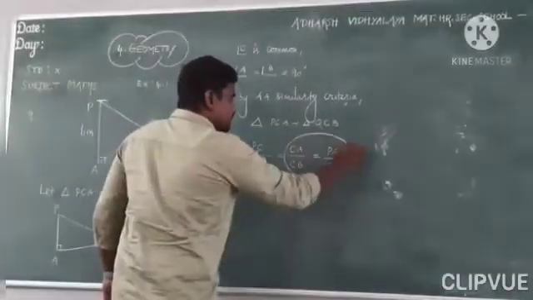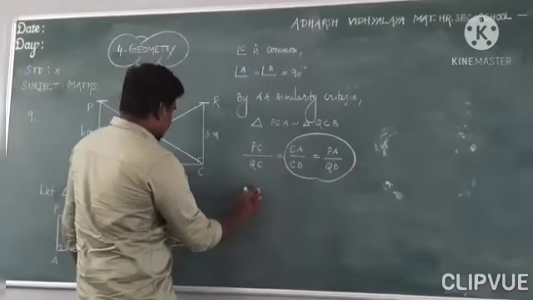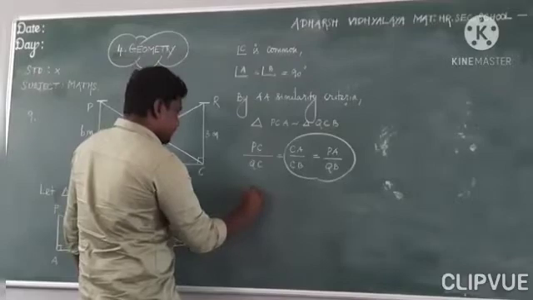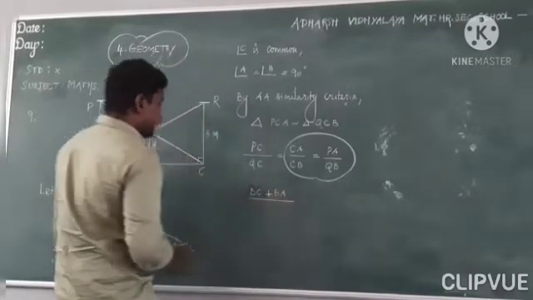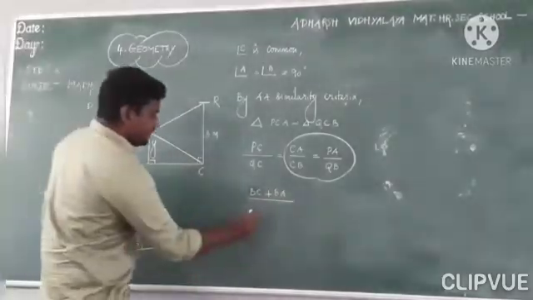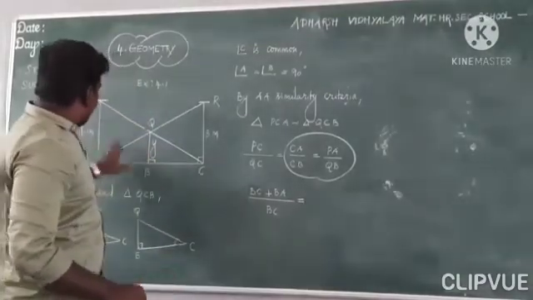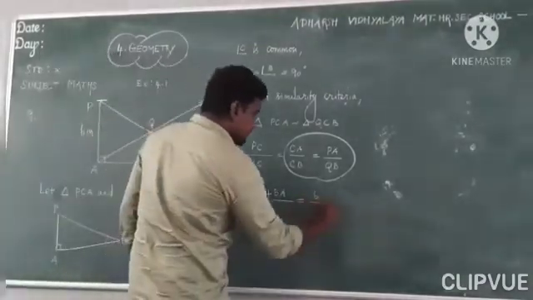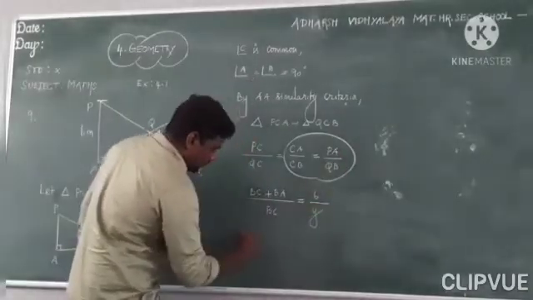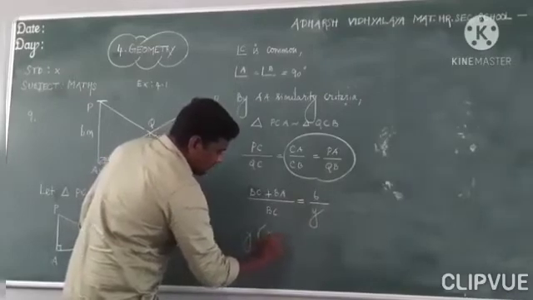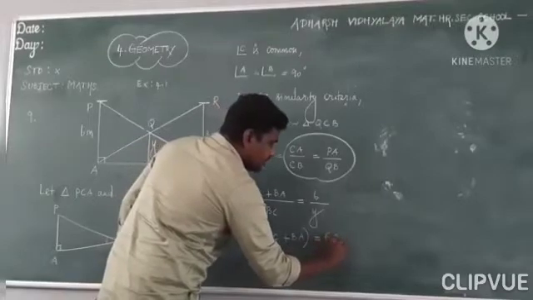So from these two, CA, that is BC plus BA, divided by CB, or BC, is equal to PA, which is 6 meters, divided by BQ, which is Y. So Y times (BC plus BA) is equal to 6 times BC.